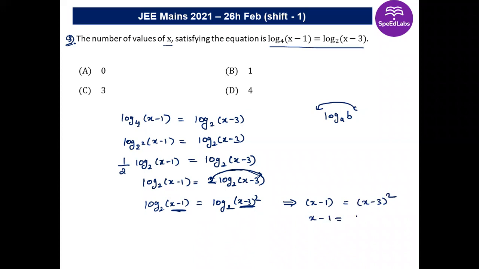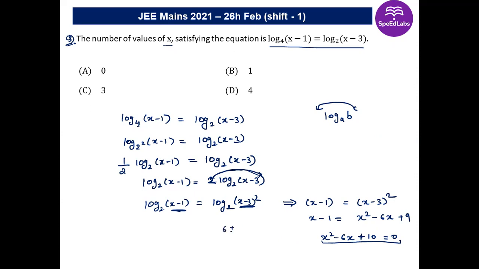Now simply expand the quadratic, so this will become x square minus 6x plus 9, and finally we are getting a quadratic, that is x square minus 6x plus 10 equals to 0, right? This is what we are getting. All right, so from here if you solve it, we are getting two values, right?